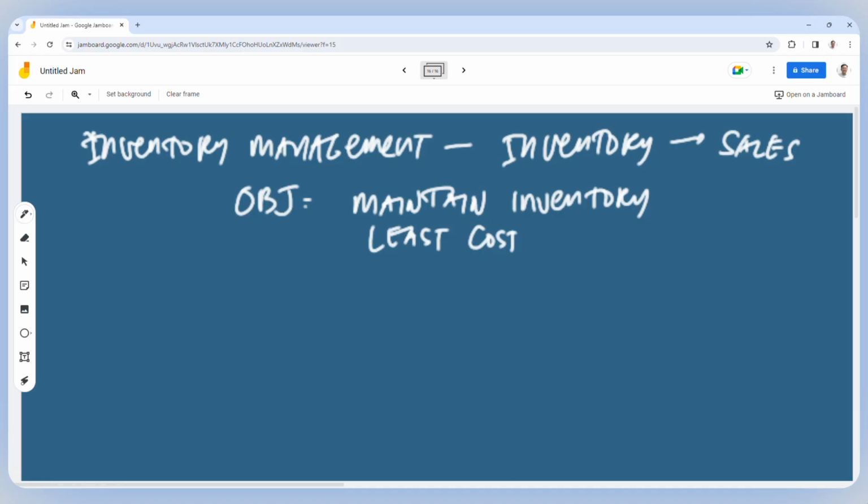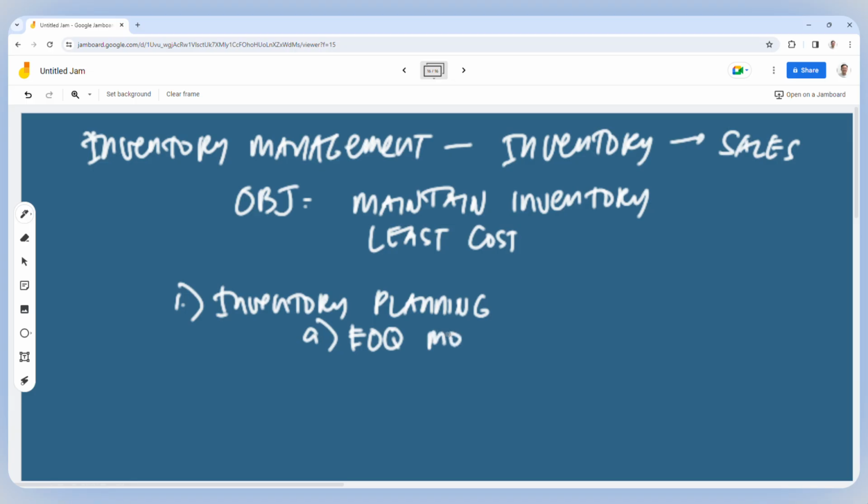Okay. So, ano naman, class, yung mga technique usual, no? O inventory management technique. So, number one, yung ating inventory planning, no? So, yung walang kamatayang inventory planning, alright? So, under inventory planning, nandito yung ating EOQ. Mamaya, I will discuss one by one. EOQ model. Also, we will discuss about reorder point.